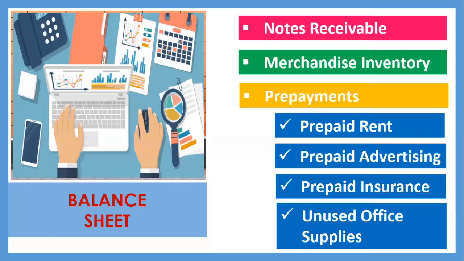If we pay advertising expenses in advance, then we use the prepaid advertising expense. Examples of this are prepaid rent, prepaid advertising, prepaid insurance, unused office supplies, or unused store supplies. Next, we have land.